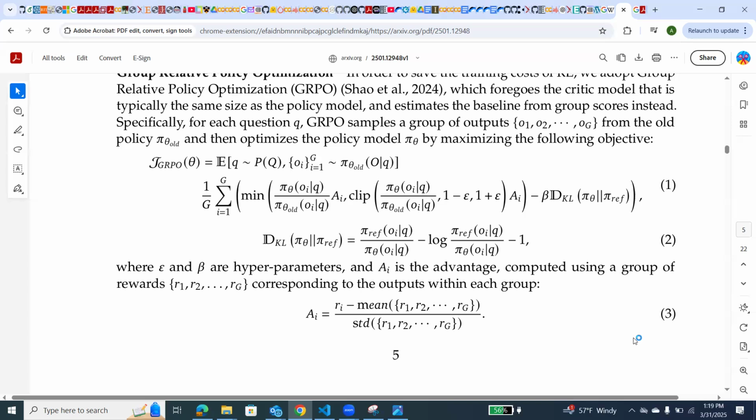And yes, instead of using the reward model, they use DPO, the direct preference optimization. And also they use a mini batch. That's why they call this group relative optimization.